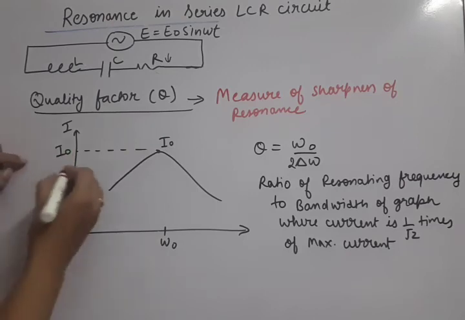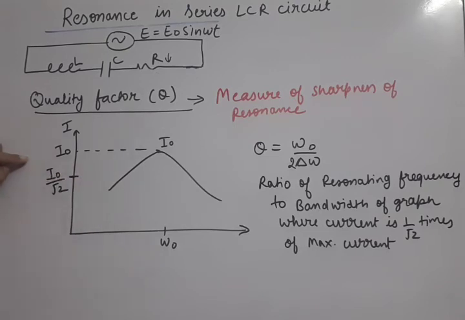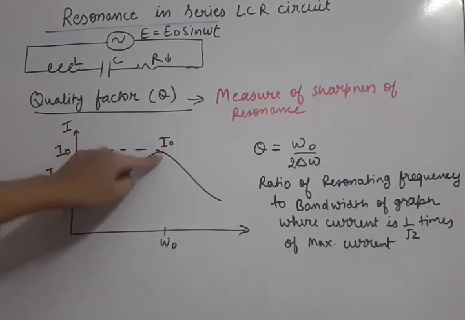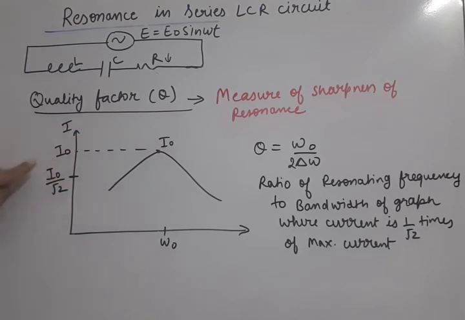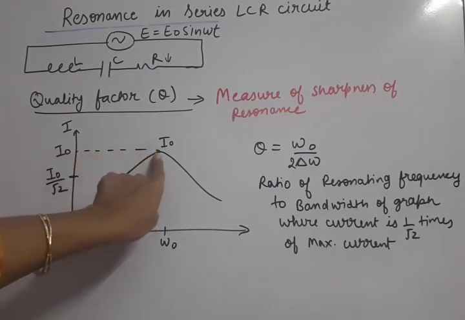After that, the second point we have to take at I0 by root 2. First point at I0, second point at I0 by root 2. You already know at I0 the graph has only one point. The current is maximum only at one point.